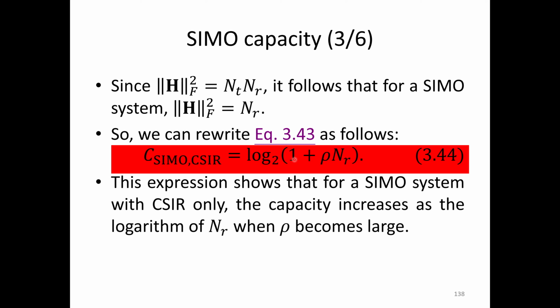So we can omit the term 1, and it becomes log 2 of rho times NR. So the capacity C increases as the logarithm of NR when rho becomes large.